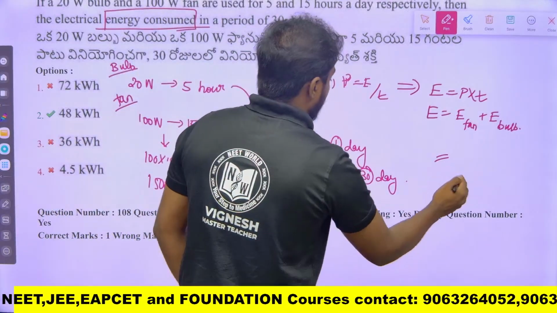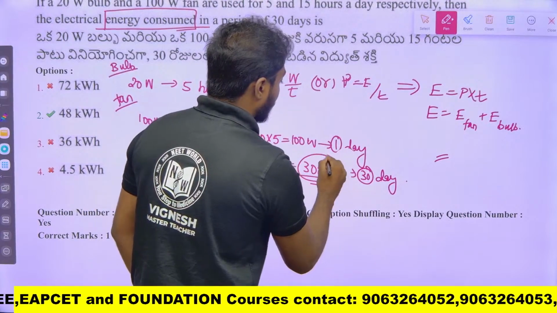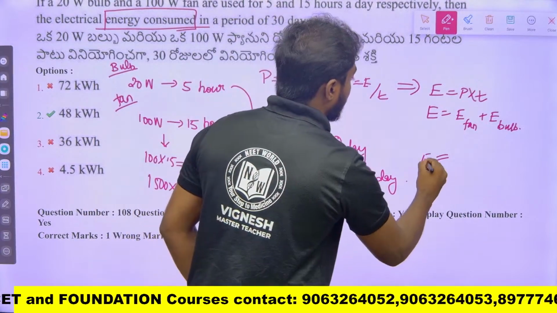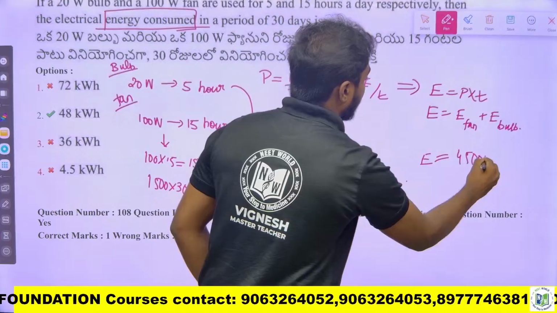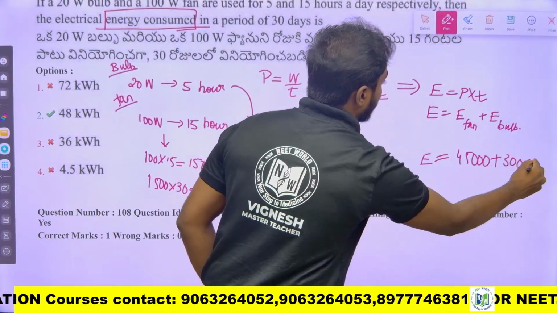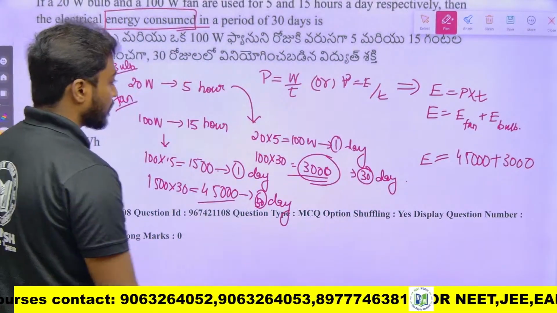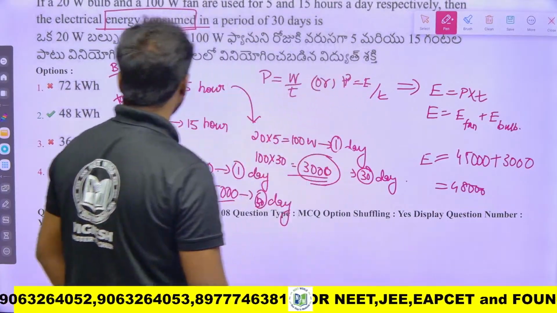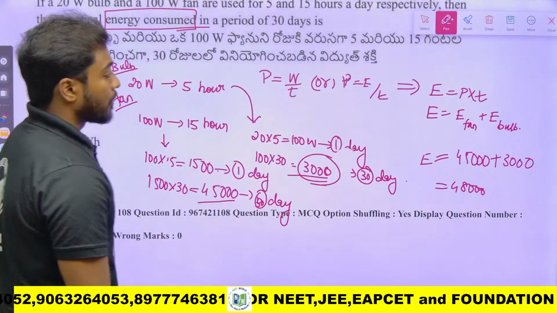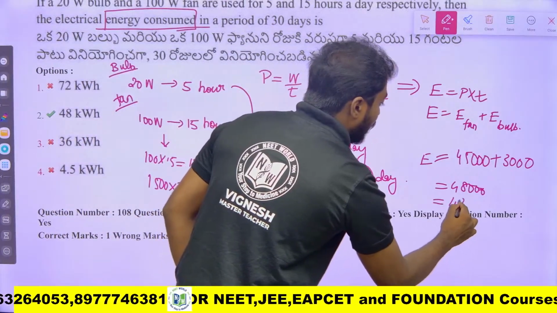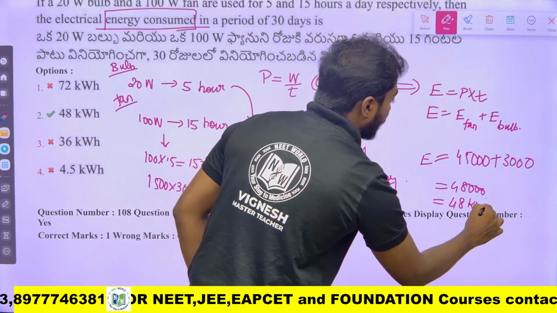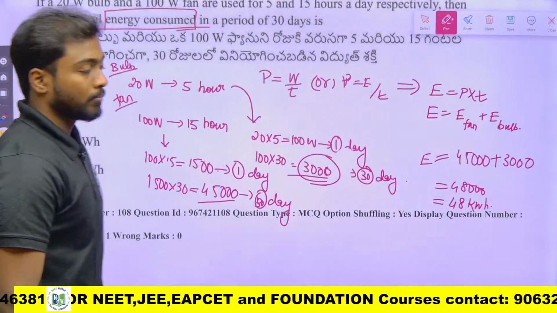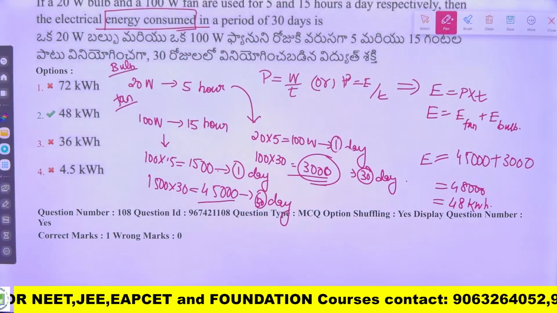Okay, I will erase it. Okay. Now, E is equals to 4500 plus 3000. How much it is? 48,000. 48,000. So, I can write 48 kilowatt hour. That is it. This is the energy consumed.